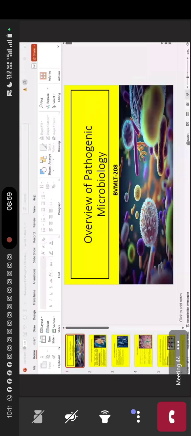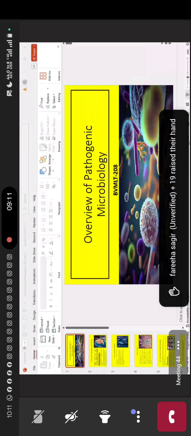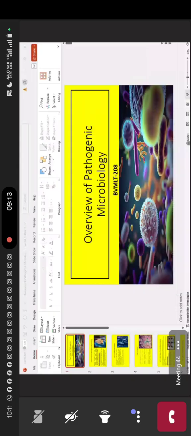Next is the infection and disease cycle. In this part, you will learn how infections spread in the human body. In short, first the bacteria or virus starts attachment with the host cell.